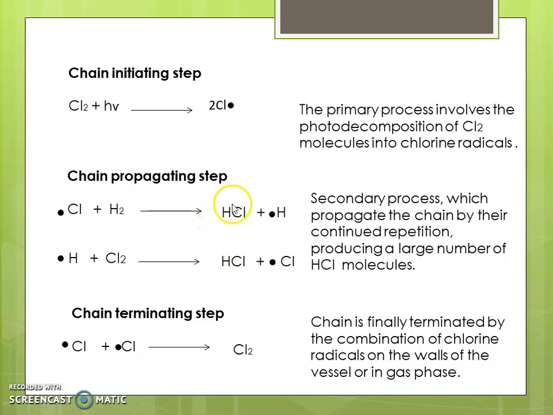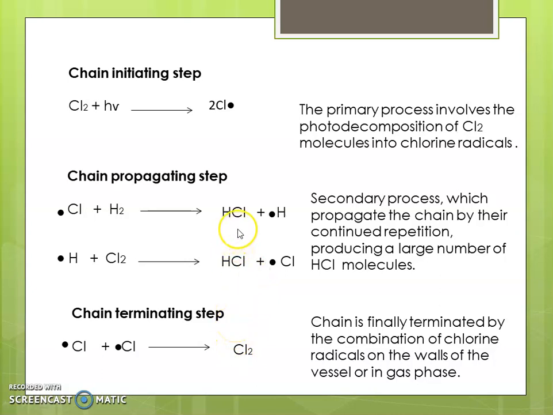A large amount of heat energy is liberated during this reaction and it has low activation energy too. Hence, they occur repeatedly and rapidly, producing a very large number of HCl molecules before the chain is terminated.